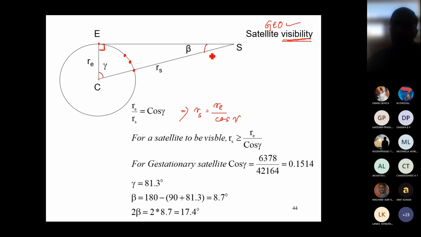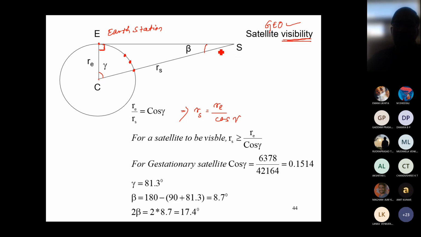Now, what is the minimum value of RS such that the satellite can communicate to a point E? So this E point is the Earth station we have considered. So what is the minimum value of RS so that the satellite is able to communicate with this?